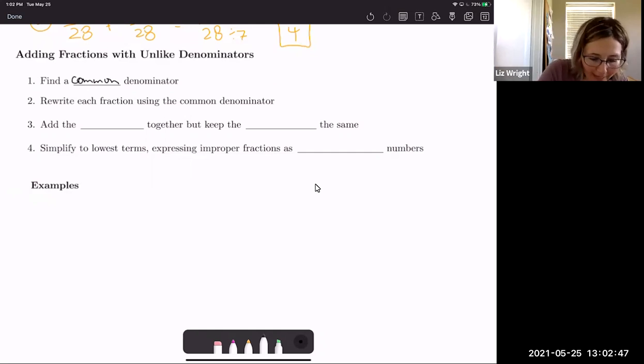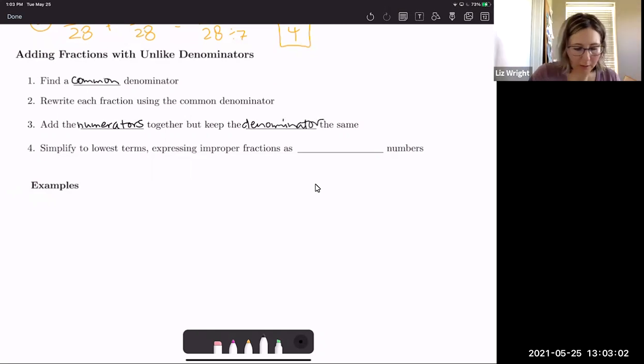Then we're going to add the numerators together, but we're going to keep the denominator the same, just like we did up above. Then we're going to simplify to lowest terms, expressing improper fractions as mixed or whole numbers.